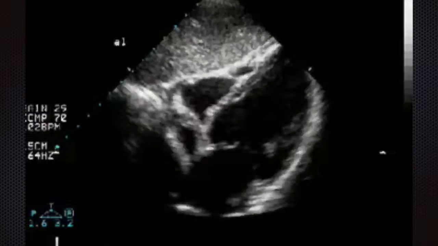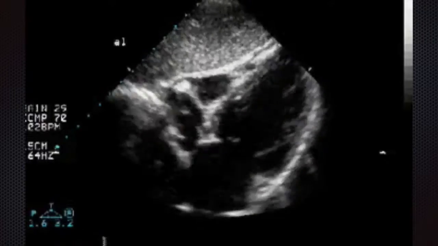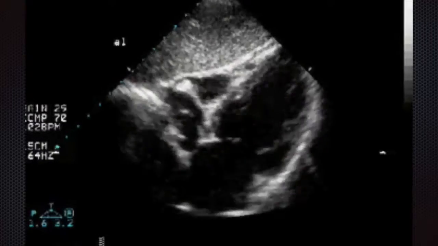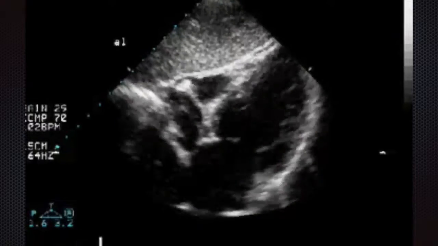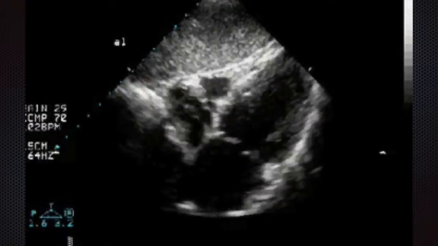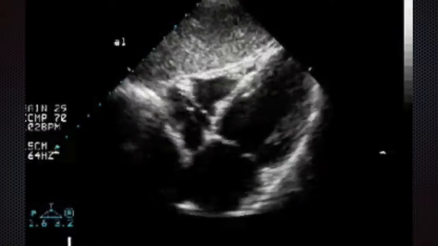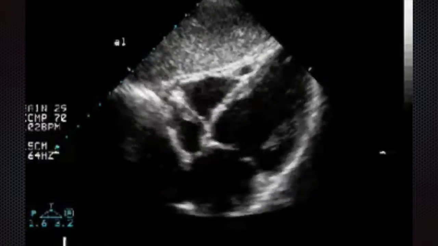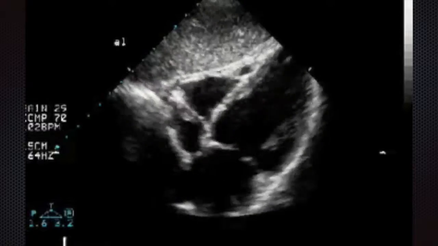Okay, looking at the subcostal four chamber, you can see the septal wall, most of the apex, and the lateral wall on this view. Again, look at its normal dimensions and how it thickens during systole, and also how there's radial contraction inwards to reduce the internal diameter of the left ventricle.